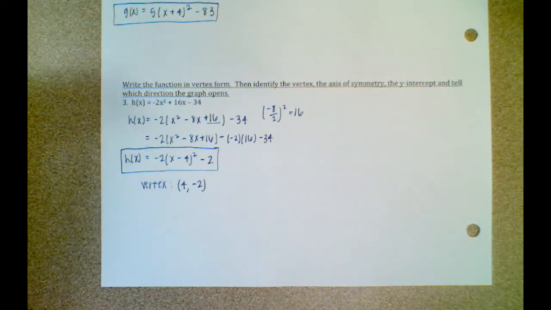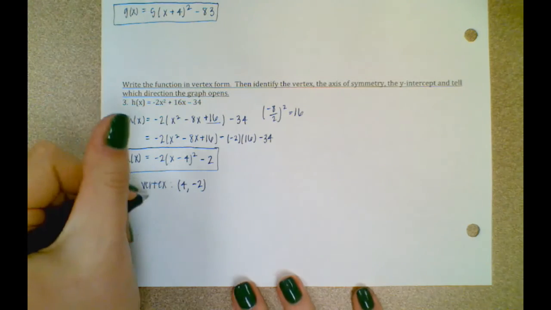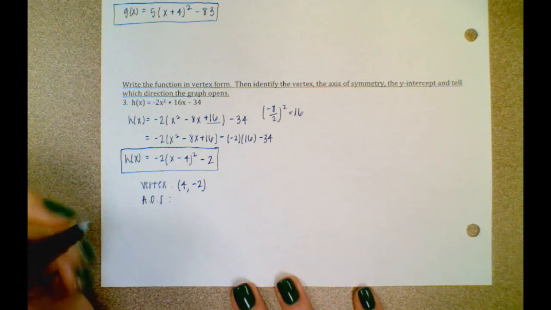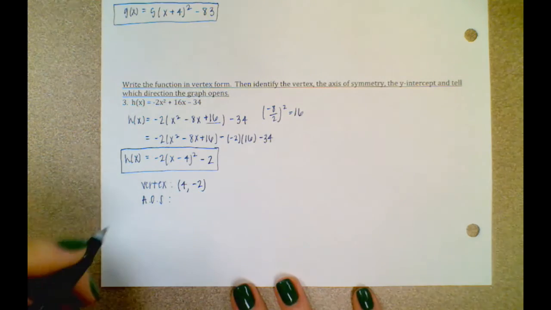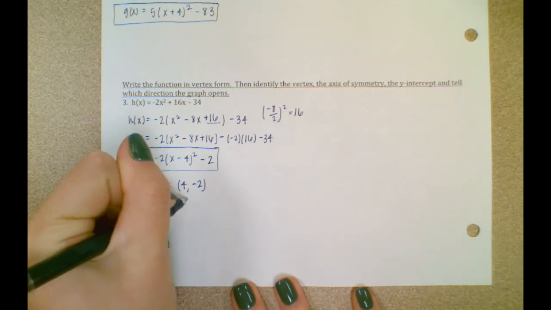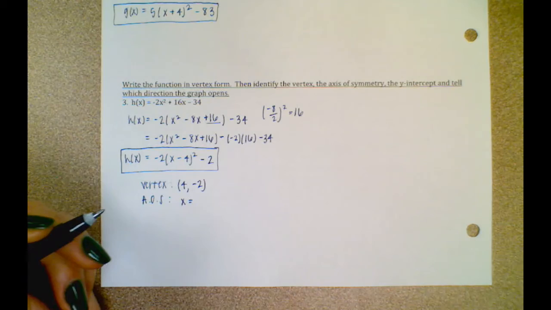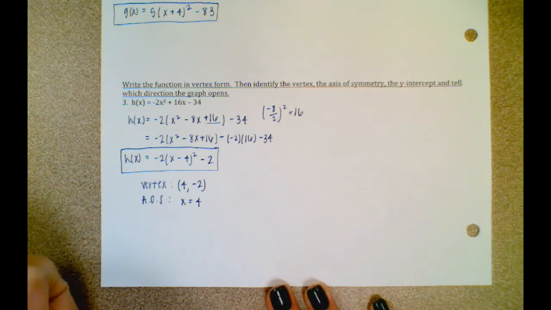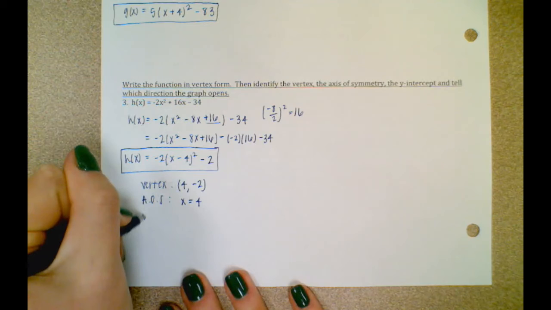Same idea with quadratic functions. So there's the vertex. The axis of symmetry, I like to label as just AOS instead of writing it all the way out. So that's a line. So you need to say it's x equals, okay, that is a line. So it's x equals whatever the h value is, which is 4. So x equals 4.